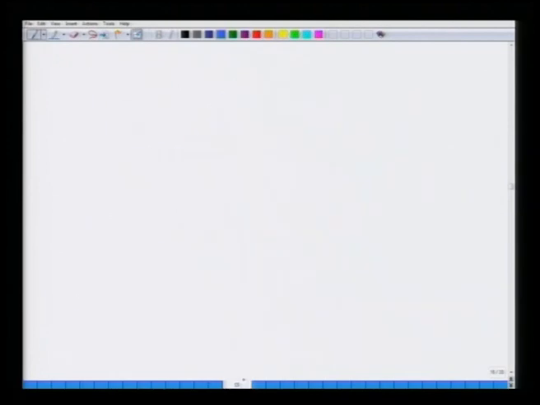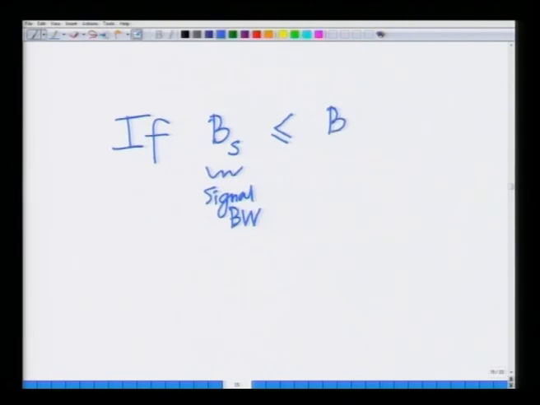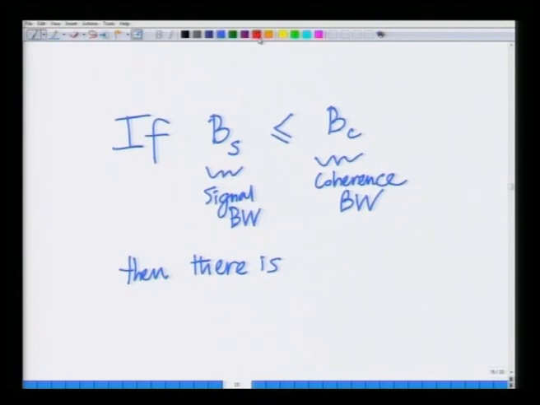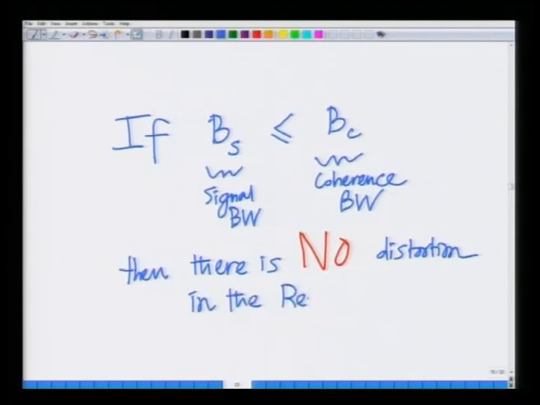So, what am I saying? Let me write this again. If the signal bandwidth Bs is less than or equal to Bc, which is the coherence bandwidth, then there is no distortion in the received signal.